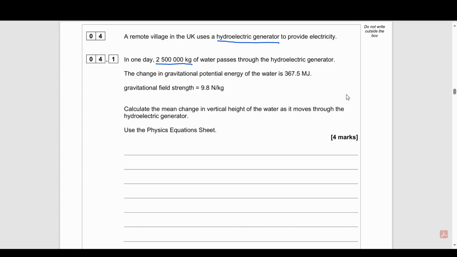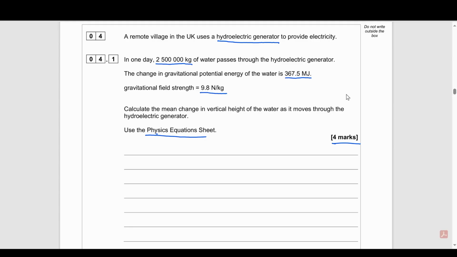A change in gravitational potential energy of the water is 367.5 megajoules. The gravitational field strength is 9.8 newtons per kilogram. Calculate the mean change in vertical height of the water as it moves through the hydroelectric generator. Use the physics equation sheet, 4 marks.